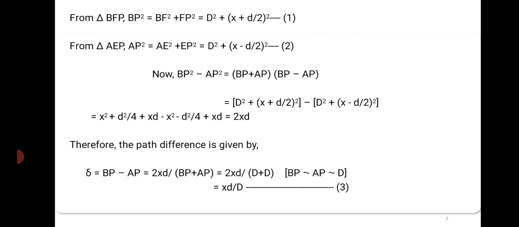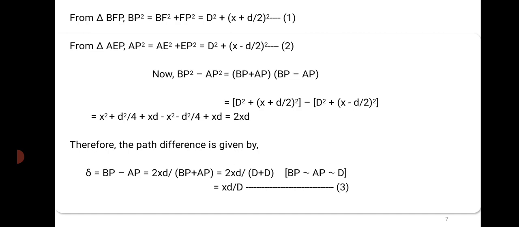Now BP square minus AP square is of the form A square minus B square, which can be written as (A plus B) into (A minus B). Therefore BP square minus AP square is equal to (BP plus AP) into (BP minus AP), which is equal to [D square plus (x plus d by 2) whole square] minus [D square plus (x minus d by 2) whole square]. On simplification, x square and D square by 4 terms cancel, leaving 2xd.